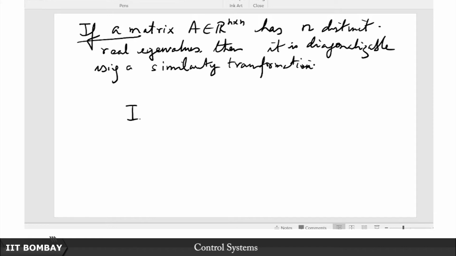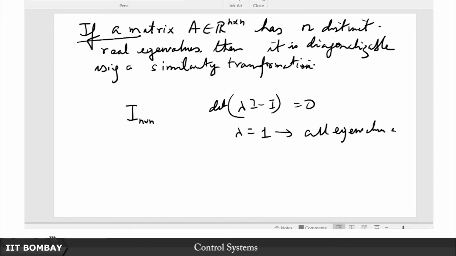So the identity matrix n cross n, what are the eigenvalues of the identity matrix? So lambda I minus I is equal to 0. If you put the determinant of this, you will see that lambda is always equal to 1. So this has n eigenvalues, all are equal to 1. All eigenvalues are equal, and yet this is already a diagonal matrix.